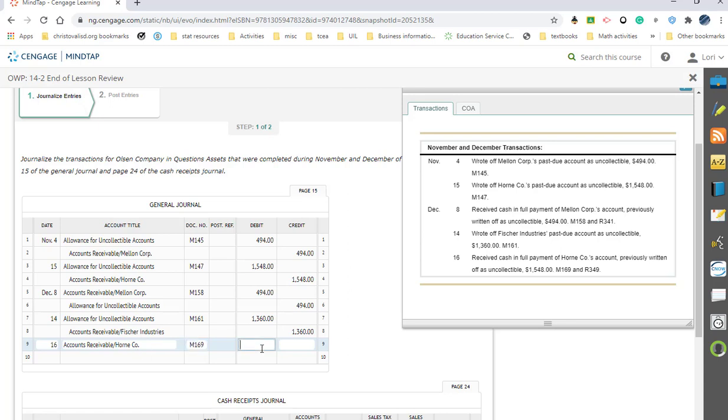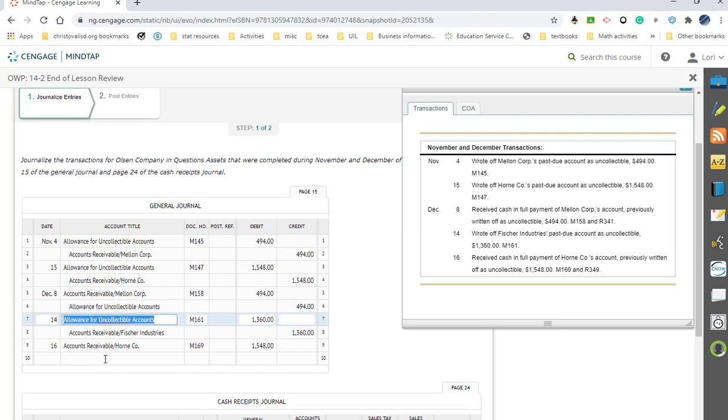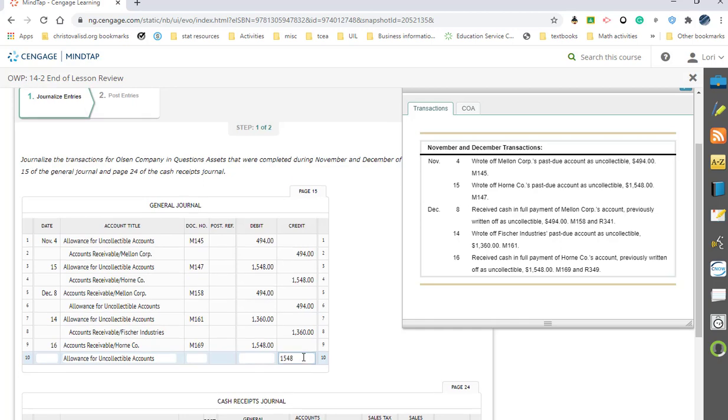They paid all of it off, so that's the $15.48. Then we're going to do the allowance for uncollectible accounts second, because we got to get that money put back over there that we didn't end up needing. And so there it goes.